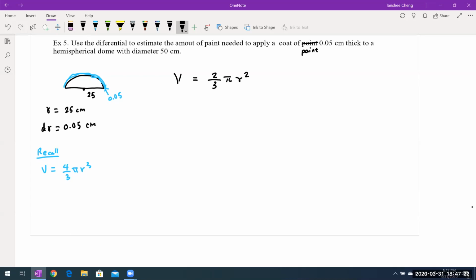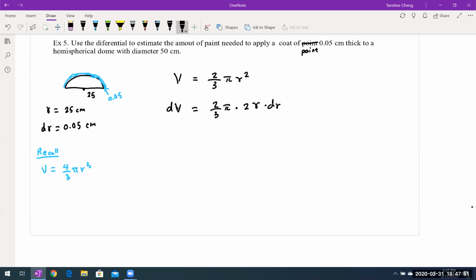To estimate the volume of this thickness that we need, we want to use the differentials. So we can talk about the differential of volume V, that is equal to 2/3 pi times the derivative of r cubed, which is going to be 3r squared times dr.